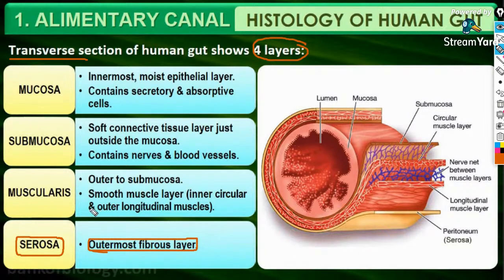Next is the muscularis. This outermost wall layer, this yellow colored region, is the serosa. There is no need to draw over that because everything is given in its own color. It is also called the peritoneum, or the serosa layer.